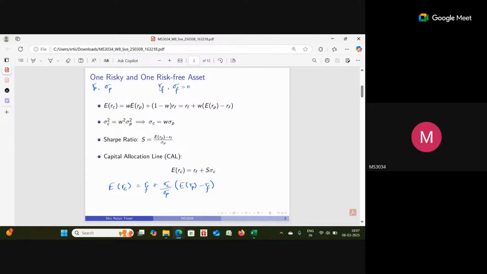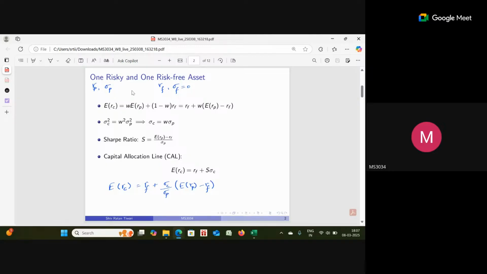It has RF as its rate of return and sigma F is zero, and the risky asset has RP as return and sigma P as the standard deviation of the return. Now you want to derive, according to your preferences, how much you should invest in the risky asset and how much in the risk-free asset.